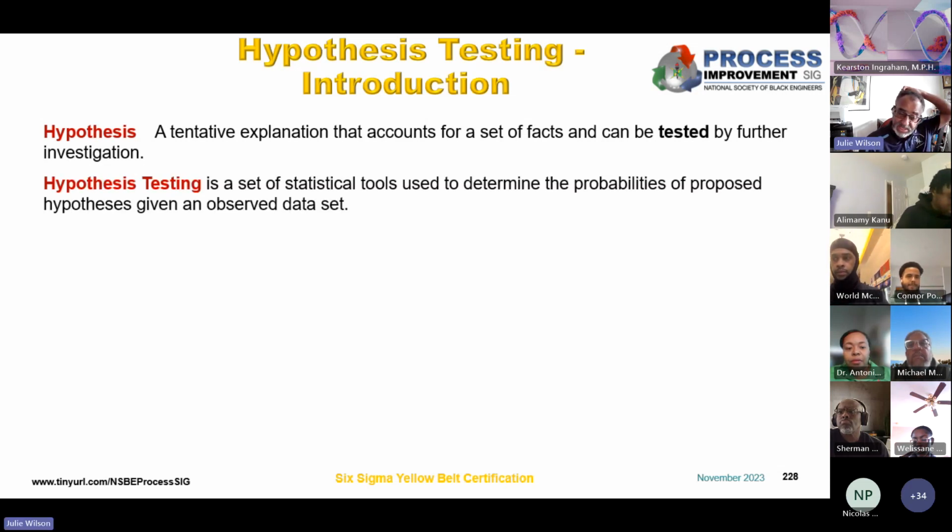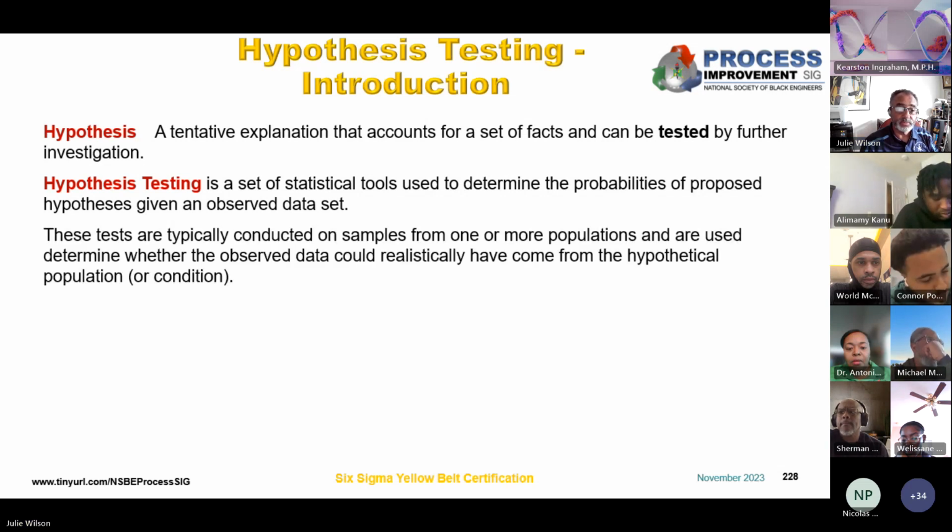So hypothesis testing is a set of statistical tools used to determine the probability of the proposed hypothesis given an observed data set. It's a set of tools that basically calculates the probability that your hypothesis is correct.